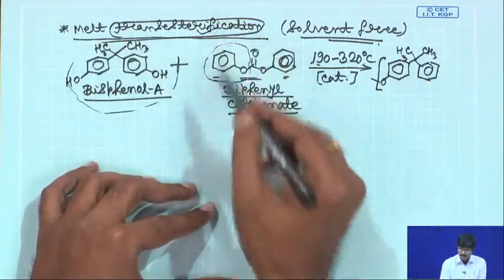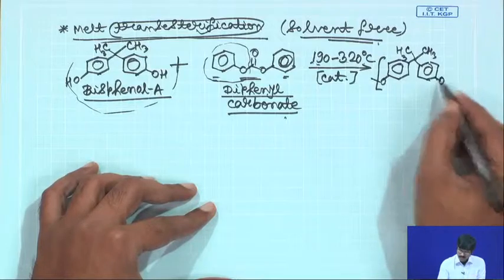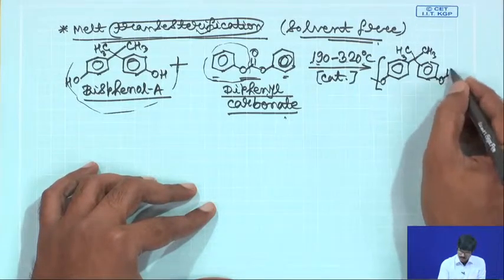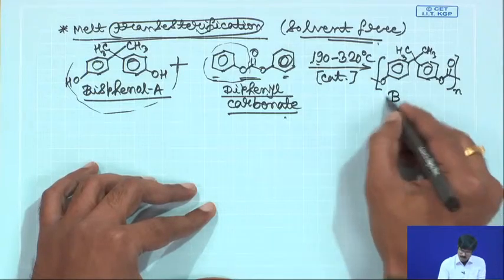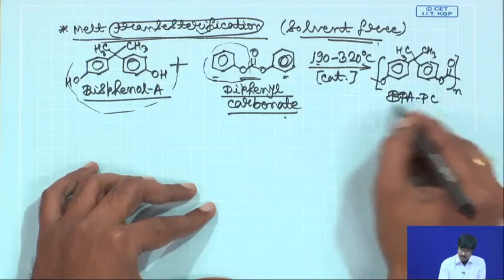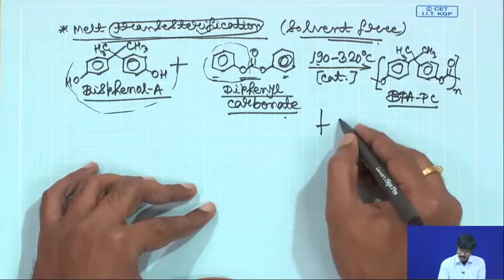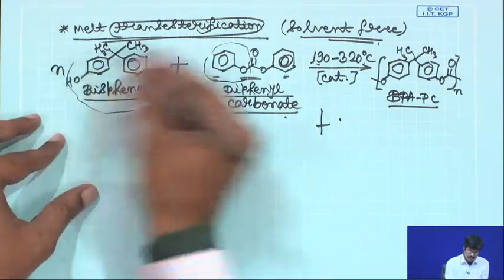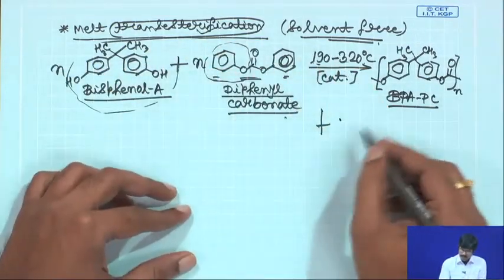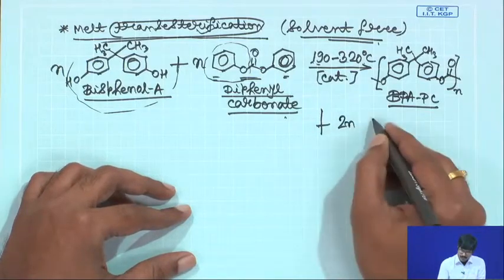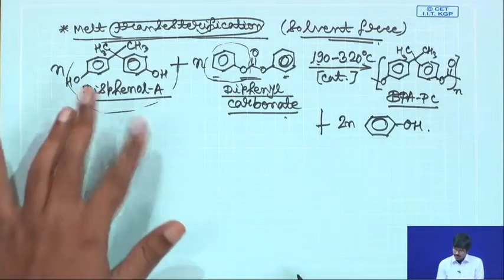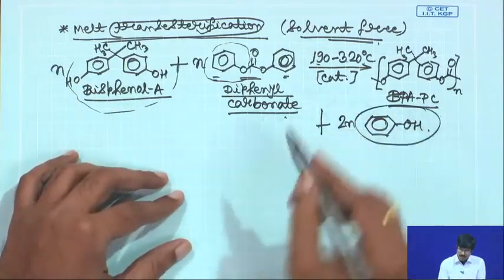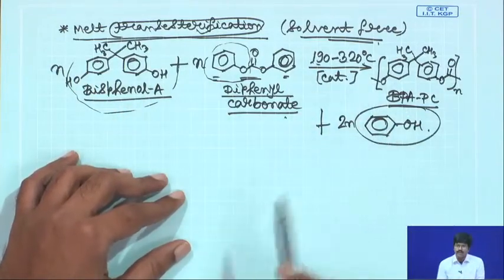So, that is why it is a transesterification process. So, this is BPA-PC, bisphenol A polycarbonate, that is the abbreviation. If you have n number of molecules here, n number of molecules here, then you will have 2n number of phenol molecules that are produced, and this phenol has to be removed through distillation in order to drive this reaction forward.